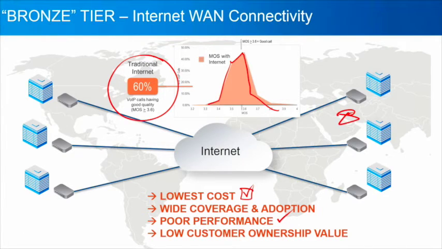And that means 40% of the time, you're not going to be able to deliver the quality of service for VoIP or real-time collaborative applications that an enterprise is going to command and demand. And so while this has low cost, while it has high capacity, the poor performance and the unpredictable nature is going to keep your enterprise customers from embracing this.